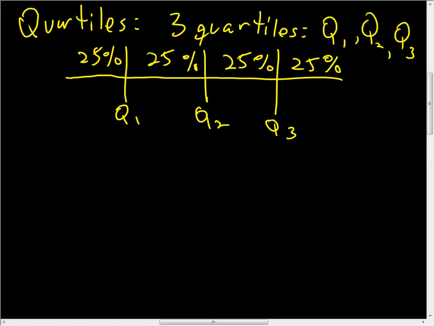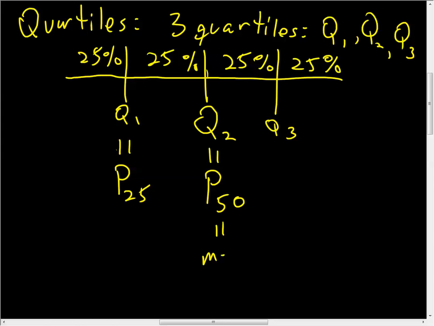Now, clearly, we should be able to recognize that the first quartile is equivalent to the 25th percentile. And we know from the previous examples that we can find the 25th percentile. Similarly, Q sub 2, the second quartile, is equivalent to the 50th percentile, and that's also equal to the median.